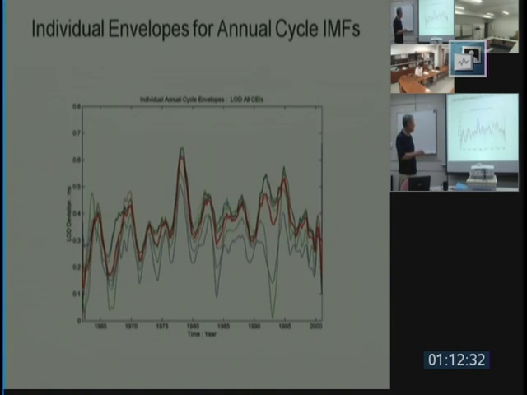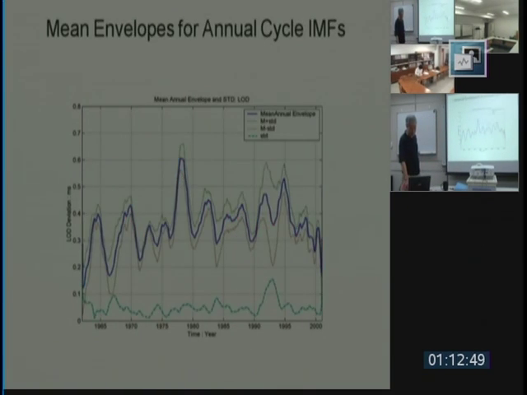If you look at the detail, the annual cycles are very different. These are different cases of envelopes, and this average is what I plotted in the last view graph. And this is the standard deviation over here. Look at the envelope difference. Over here it's also very large.